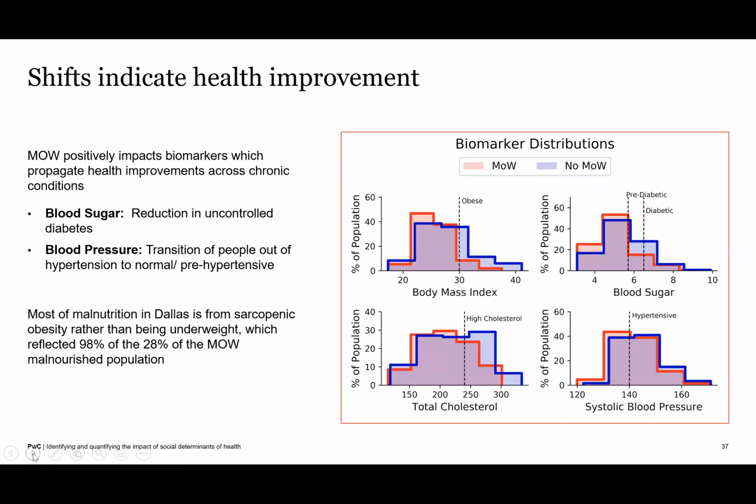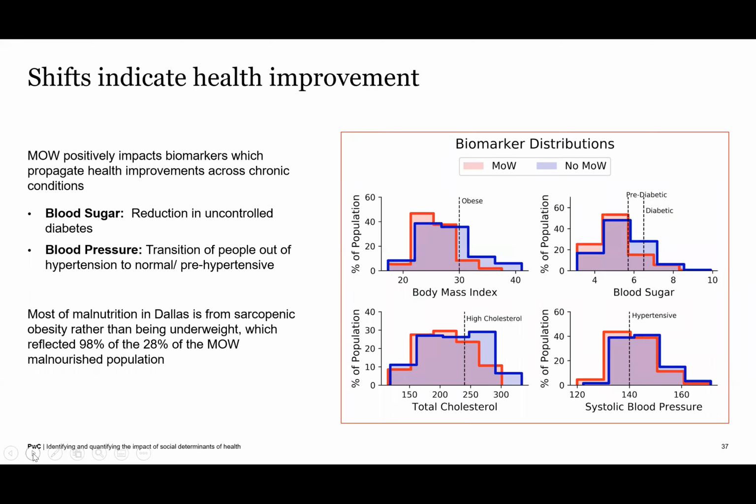We're seeing a shift to the left with the Meals on Wheels population showing an improvement in health. We have a reduction in uncontrolled diabetes, in high blood pressure, and in high cholesterol. In this particular community, malnutrition, which is what Meals on Wheels is trying to fight, is largely driven by sarcopenic obesity, and we're seeing a reduction in obesity in this population due to the presence of meals delivered by VNA.